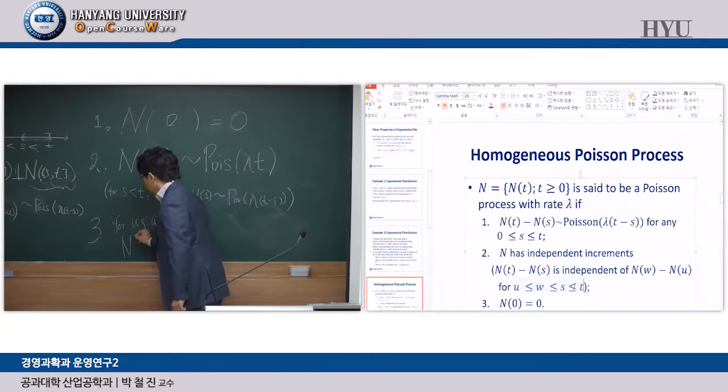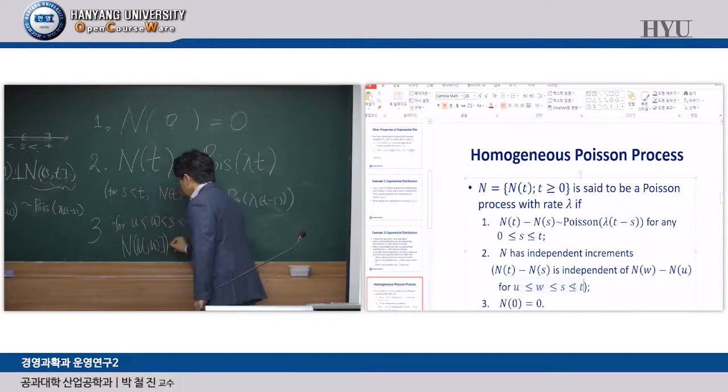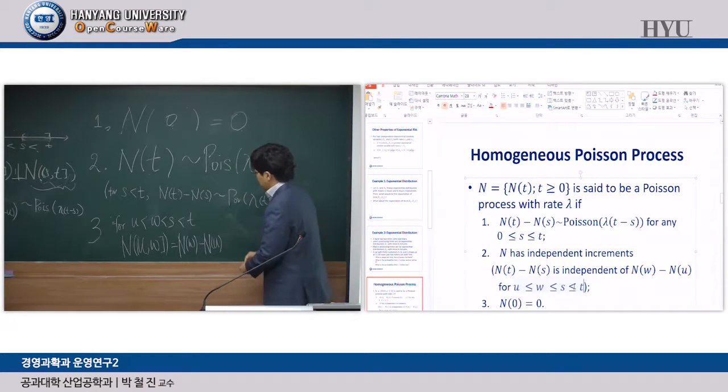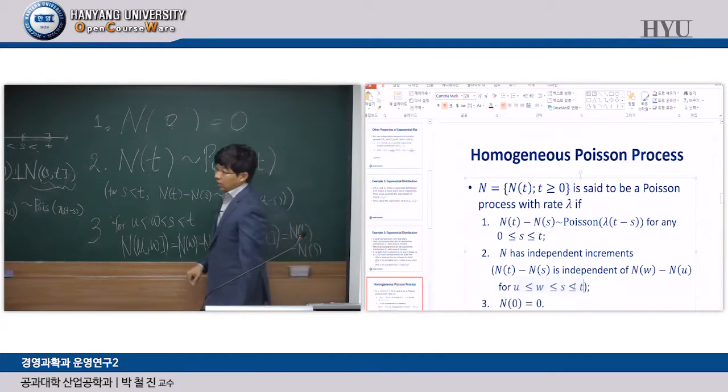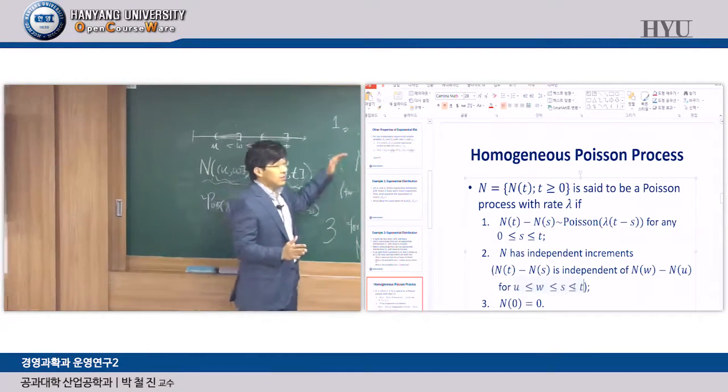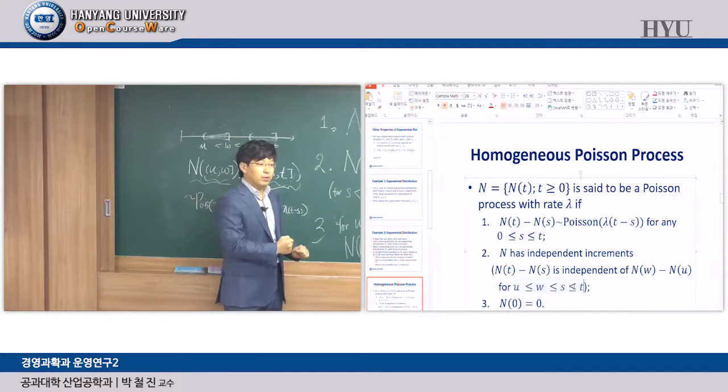Then N of U to W is the same as N of W minus N of U. This one is independent of N from S to T, which is the same as N of T minus N of S. They are independent. So as long as large N satisfies these 3 conditions, then we call this a Poisson process.